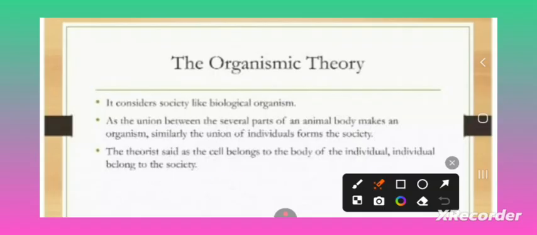Individuality: it suggests that the individual is only an abstract idea apart from society; they gain form and function within it. Individual's role: theorists like Herbert Spencer believe the individual belongs to the body of society just as a cell belongs to the body of an individual organism.